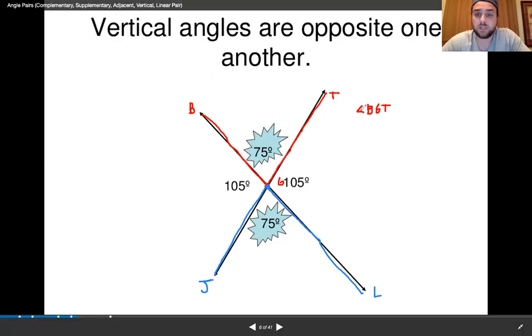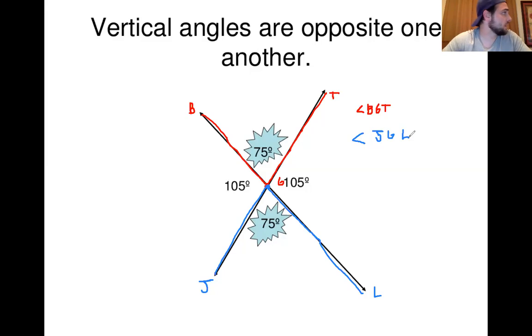Here's BGT right here. It says what angle is vertical to angle BGT? Then you would put angle JGL. Okay, we're going to have a lot more time practicing that.